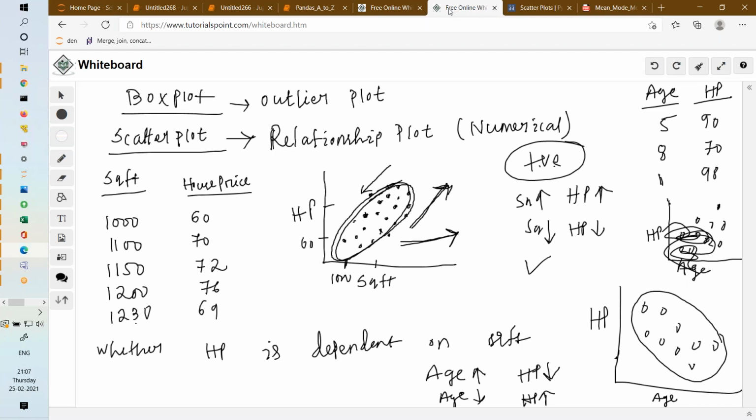If you want to understand relationship, you should go for scatter plot. If you want to see many categories group-wise, with pivot table or group by results, then go for bar chart. So every chart has a meaning behind it, and you call a particular plot based on what you need. Not every plot will be helpful.